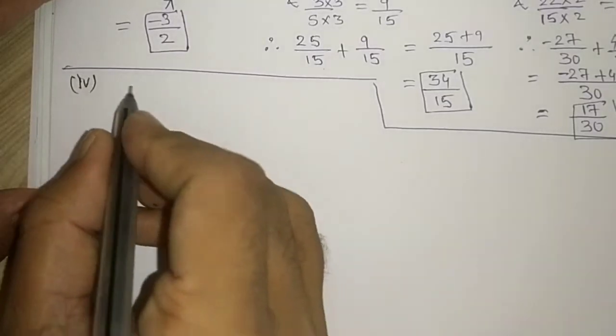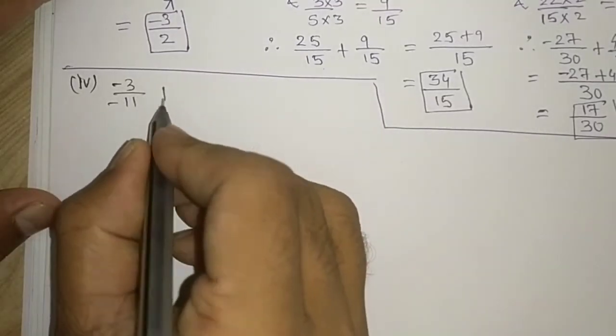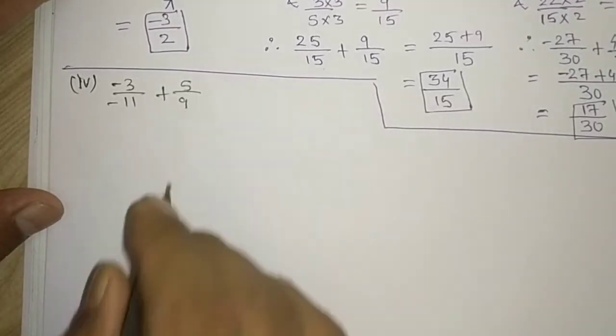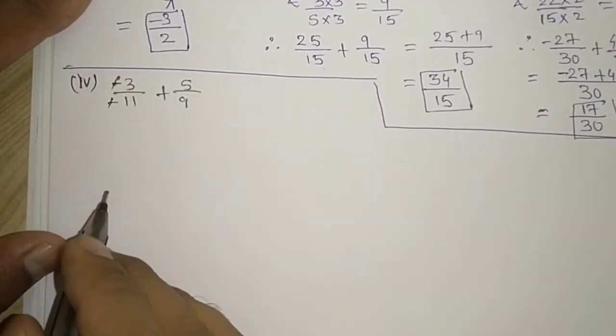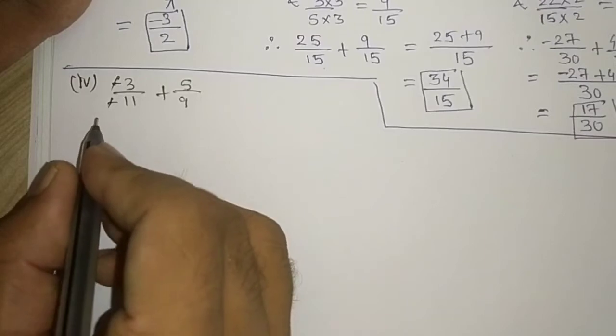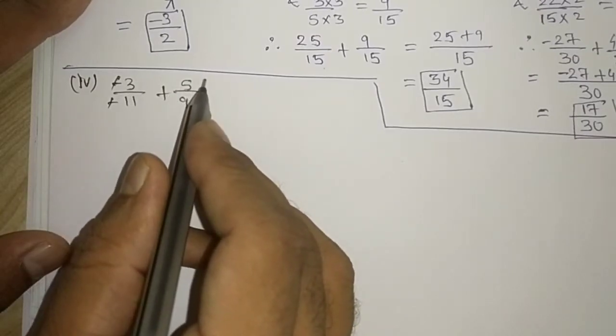Fourth part is having minus 3 divided by minus 11 plus 5 divided by 9. Here minus and minus in numerator and denominator will cancel out. Therefore the new number will be 3 by 11 plus 5 by 9.